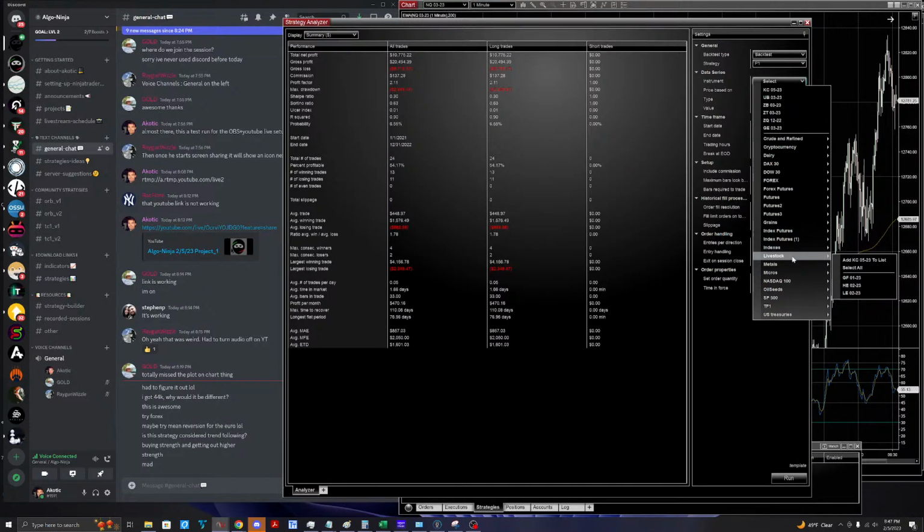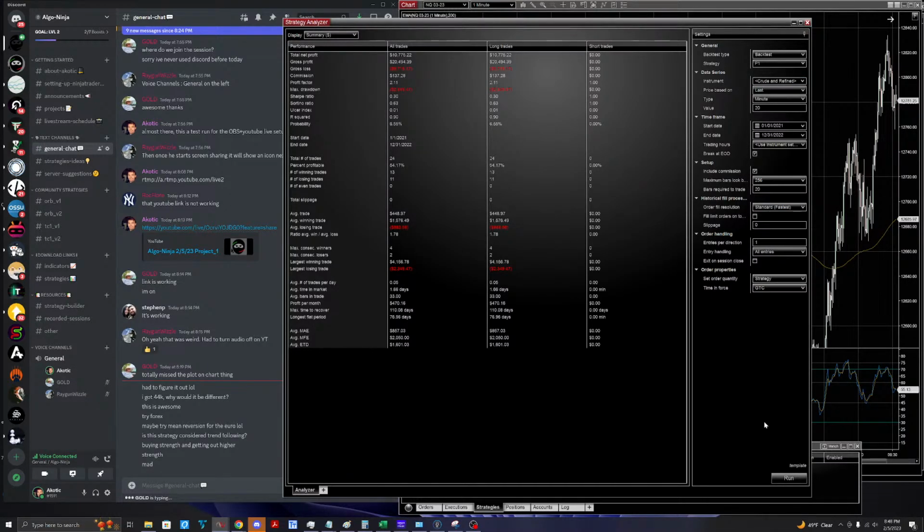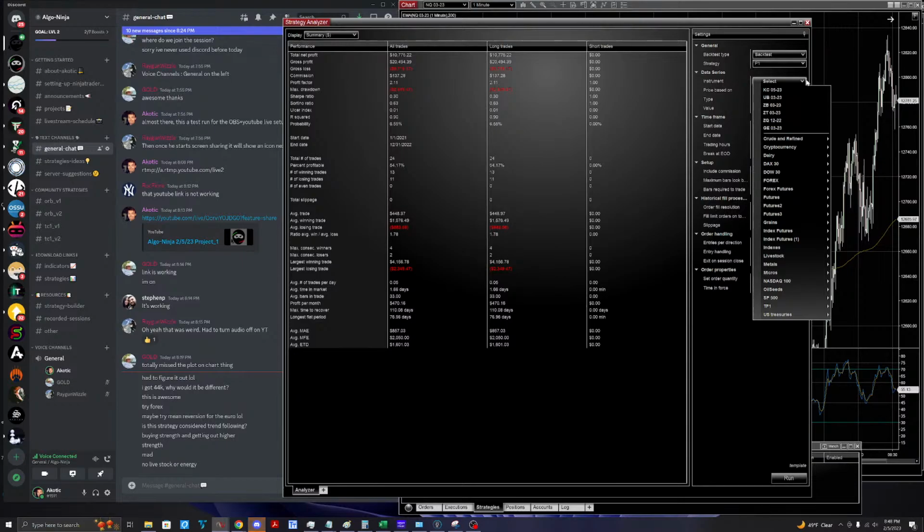Livestock. Was it livestock? I think livestock did good. I think the grains did good. We didn't even do energies. Should have, yeah. Here's our energy list, which is crude oil.